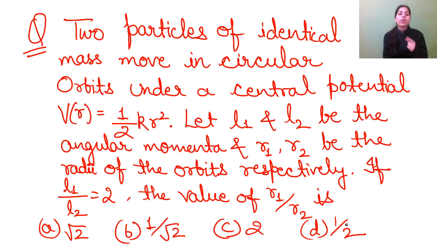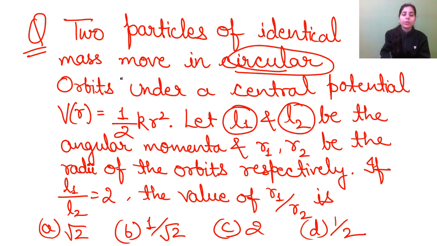Now guys, in this case, you need to know one concept. Anytime your question is related to angular momentum and to circular orbits or central potential, the main hints are circular orbits and the angular momentum term.